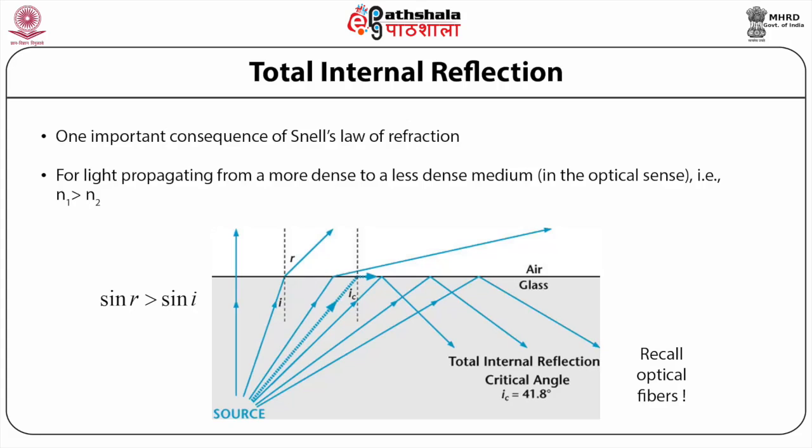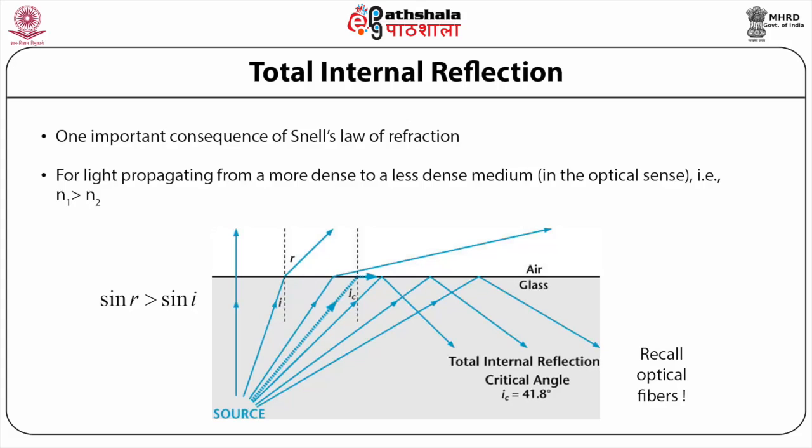meaning the refractive index N1 is greater than the refractive index N2, and therefore sin R, where R is the angle of refraction, is larger than sin I, where I is the angle of incidence. And because in this particular case the angle R is larger than angle I, it's very easy to find a condition where R is equal to 90 degrees or larger than 90 degrees.